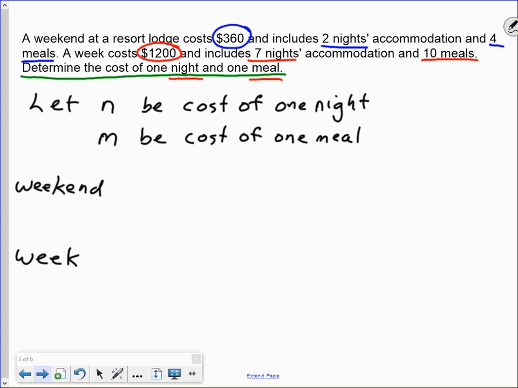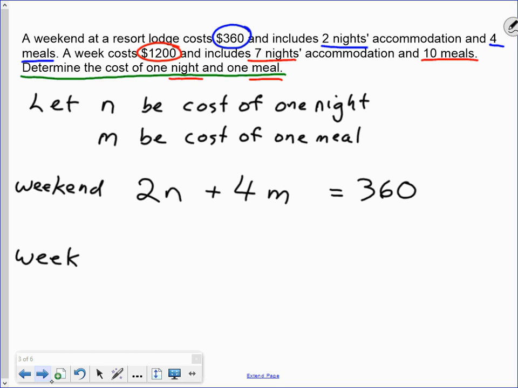Okay. For our weekend, the total was 360. Okay. And it was made up of a certain number of nights, 2 nights. Okay. And each night cost n dollars. We had 4 meals. Each meal cost m dollars.